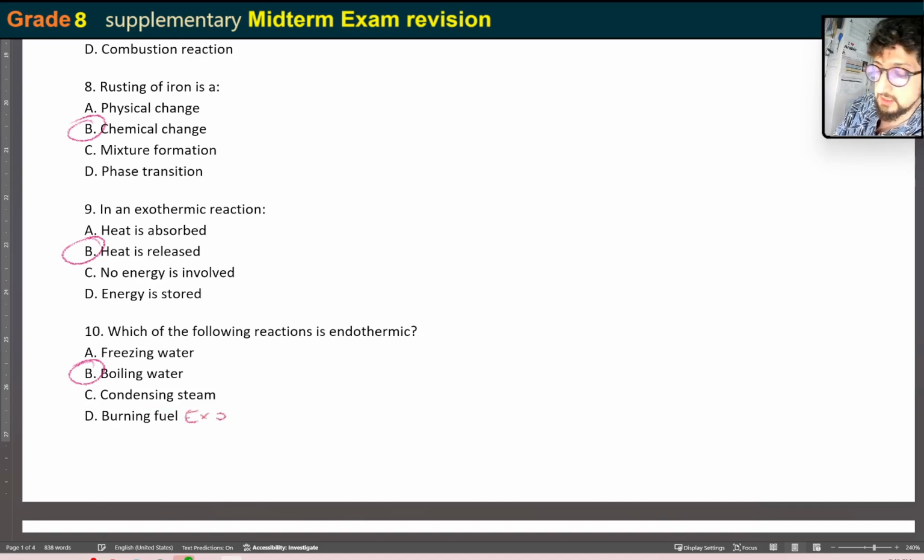Let's look at condensing steam. I'm going to try and explain this briefly here. So let's say we've got proper ice, the solid version. Then we've got water, liquid water, and then ice drops over here. Water drops, raindrops.